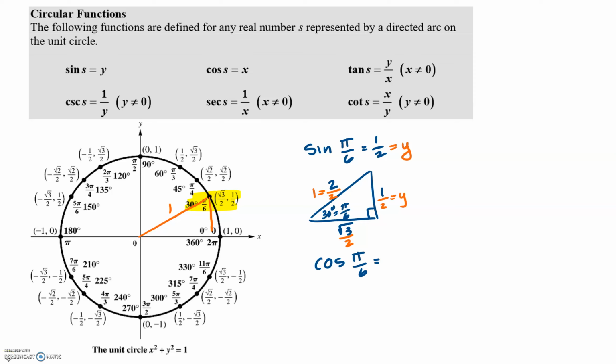And cosine is going to be square root of 3 over 2, which is just our x, which is the same, you can see, as our old definition in blue, the x over the r. Now it's just going to be x because the r is 1. So what we're doing here is we're modifying our trigonometric functions so that the domains, the angles, are now real numbers and can actually have units. And this is going to be very useful, as you're going to see in future sections.